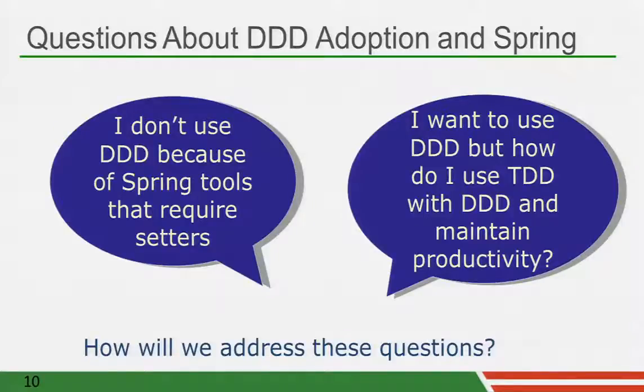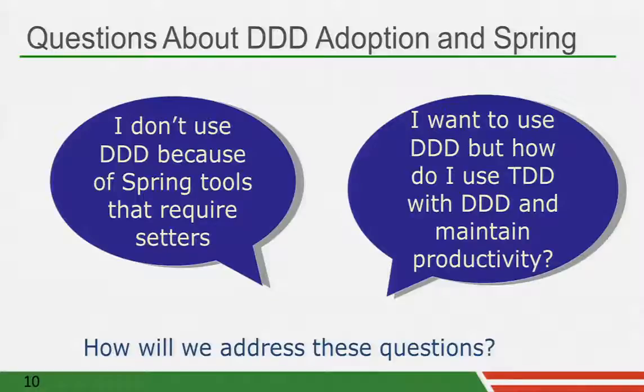Now there's some questions that have arisen along the way by people I respect a whole lot. These are both by VMware professionals, one of whom is in the room. But one is, I don't use domain-driven design because of Spring tools that require setters. So I just new, set, and save.